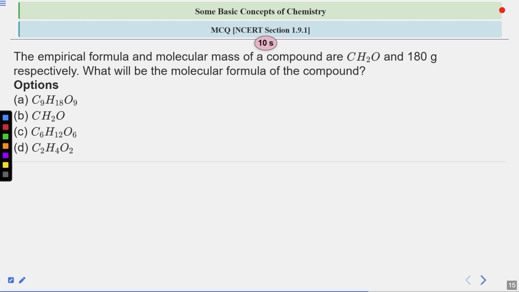Your time to solve this question starts now. It's very simple. Just calculate the empirical formula mass, calculate the n factor and multiply it with the empirical formula. Most of you are giving the answer as C6H12O6. Let us see.